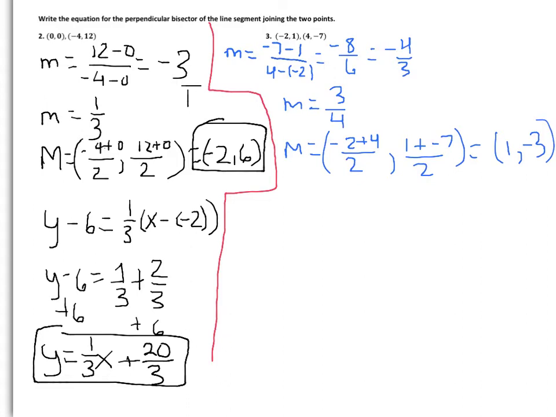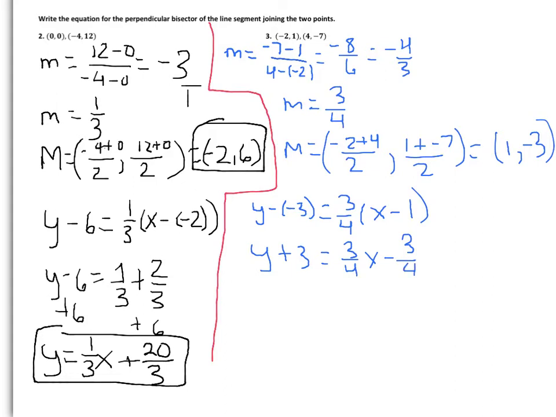So point slope form, y minus -3 equals the slope times x minus the x. So I get y plus 3 equals 3/4 x minus 3/4.